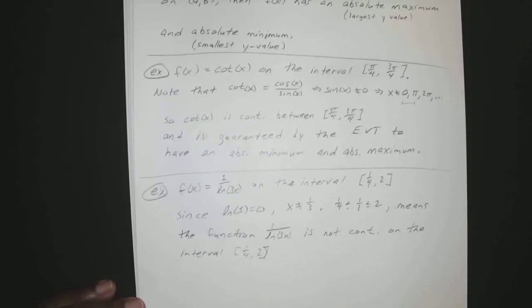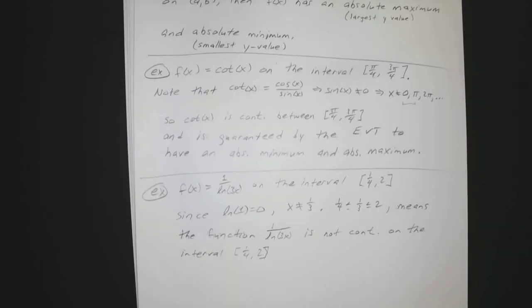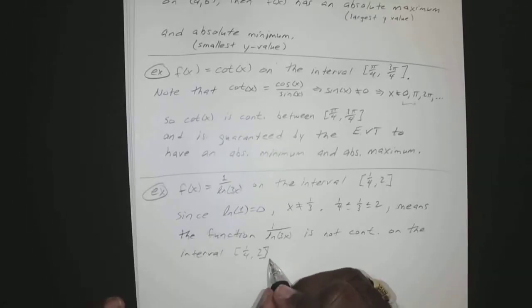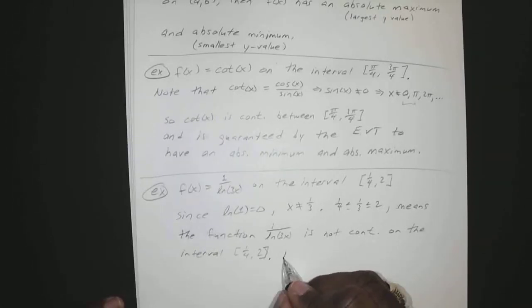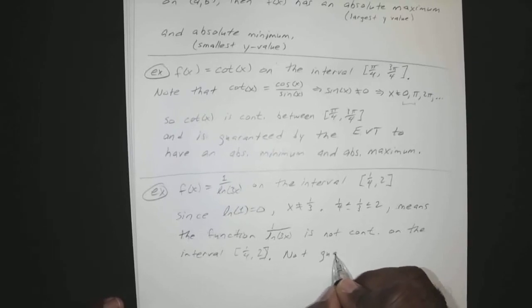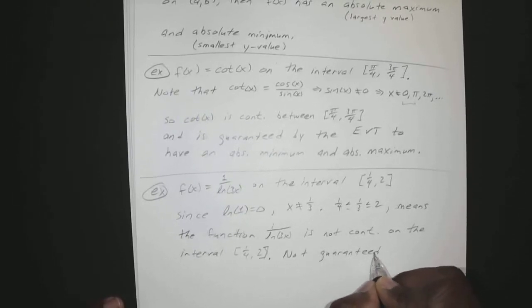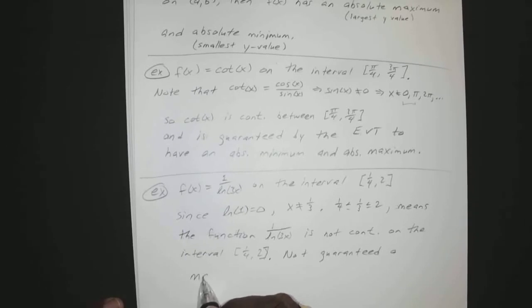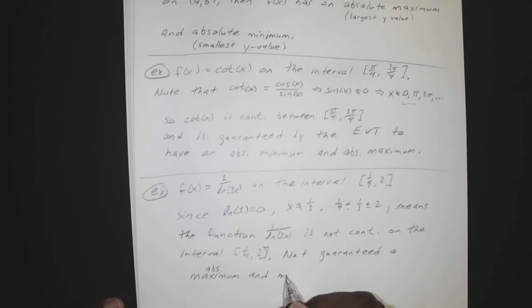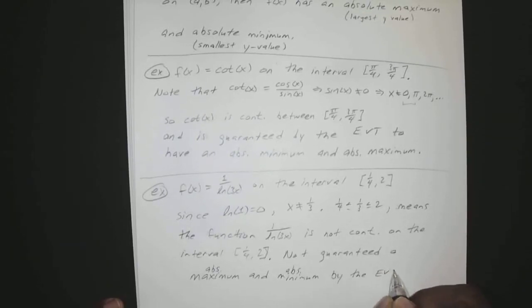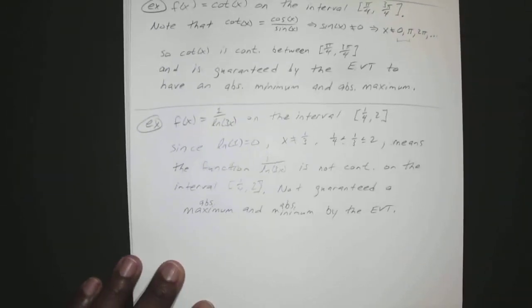So that means it's not guaranteed an absolute maximum or minimum by the extreme value theorem.